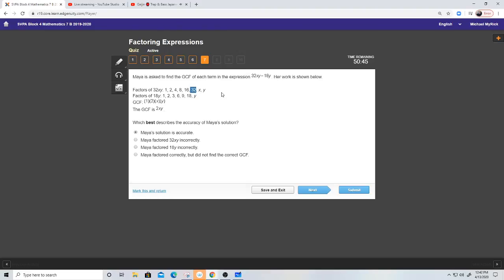Yeah, nothing. It's good. 4 doesn't work. 5 doesn't work. 6 works. 7 doesn't work. 8 doesn't work. 9 works. And the rest is history. The GCF is xy. Okay, so here's the error right there. The 18 doesn't have an x.